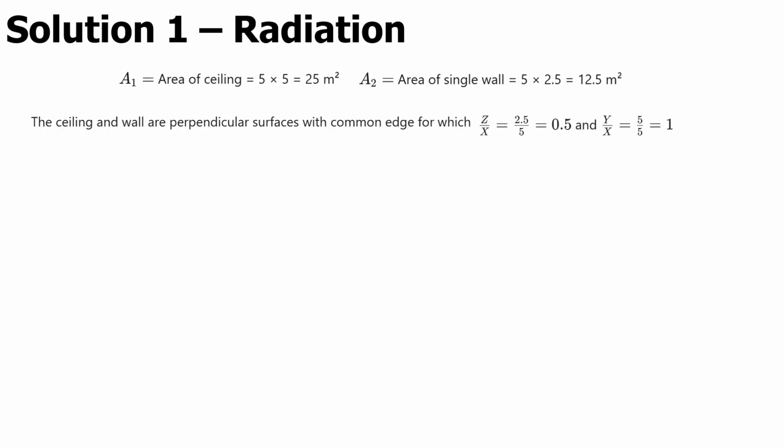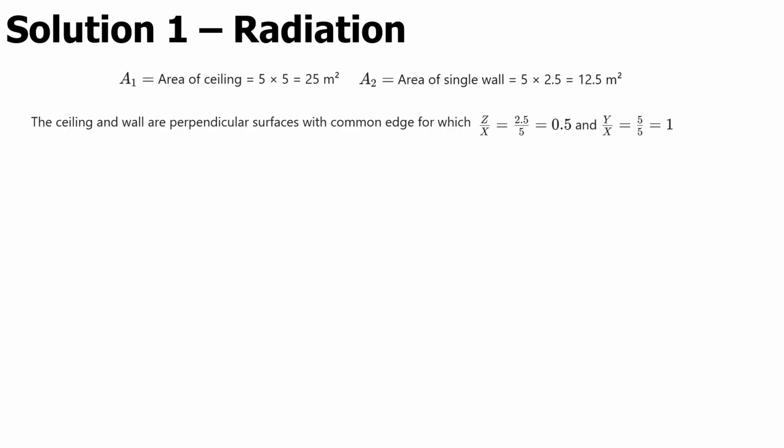Now, to proceed, we need to calculate the surface areas involved. The area of the ceiling, A1, is 25 square meters. The area of the single wall, A2, is equal to 12.5 square meters. And now we need to determine the geometric view factor, F1-2, between the ceiling and the single wall.